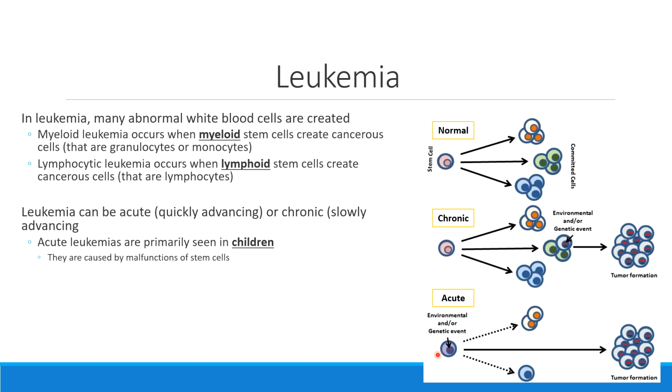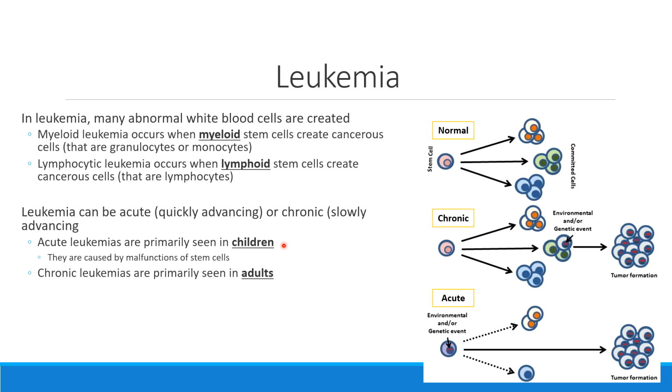So we go from some event, whether we're born with a genetic mutation or something happens to our DNA, at the stem cell line, we've mutated it, meaning that now we're going to make a ton of non-functional white blood cells. That's an acute leukemia, which is seen, again, primarily in children.